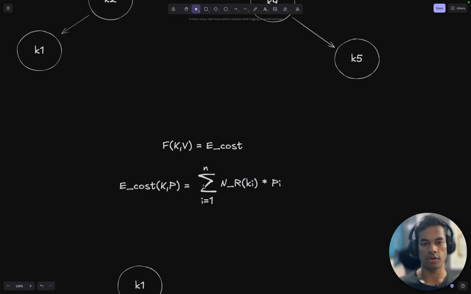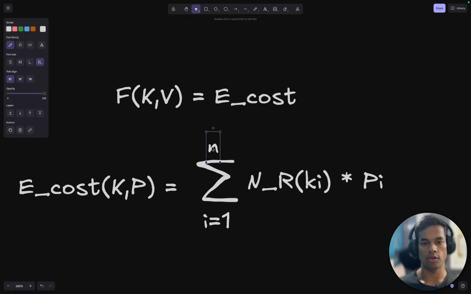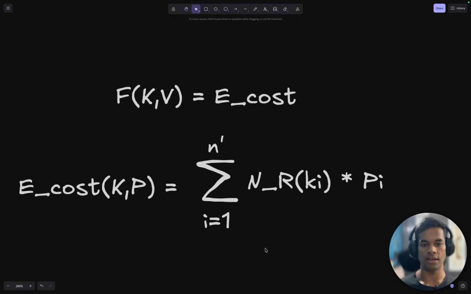The original cost function is this, and since we have removed some keys, this is n dash. We are not going through all the keys. That and this nr. We have to define a base case.